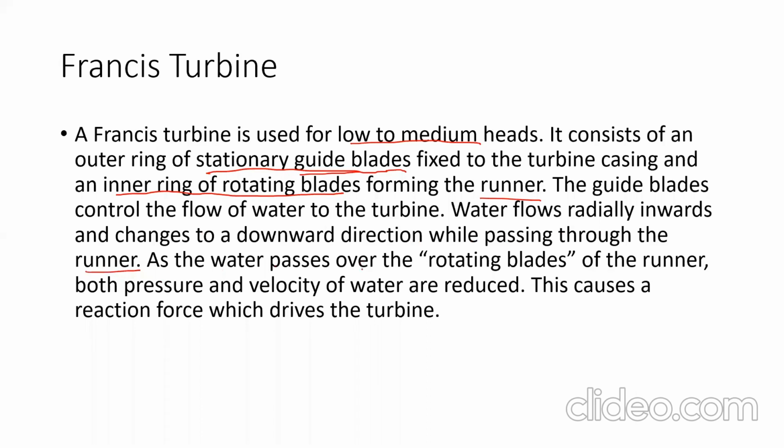As the water passes over the rotating blades of the runner, both pressure and velocity are reduced. This causes a reaction force, a force perpendicular to the blades, which drives the turbine.